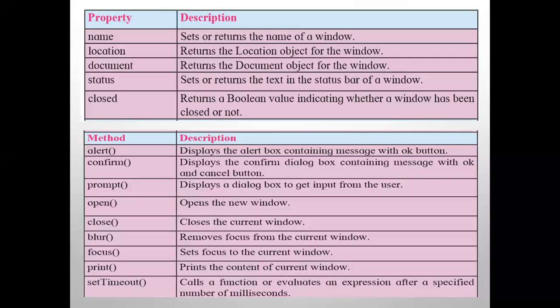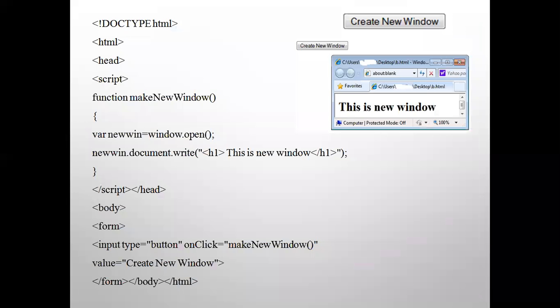So this was about the properties and the methods. Let's take a sample program. What will this program do? First, it will show you just a button in the main window. When I click on this, create new window, it will open another window.